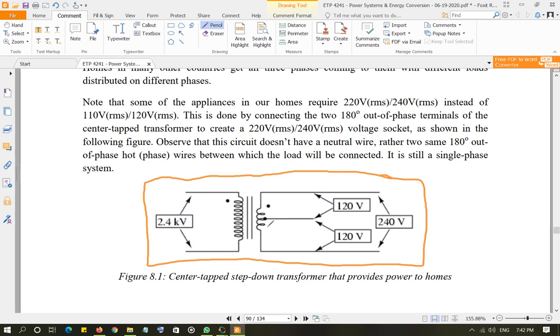Now on the secondary side, you have the winding divided into two parts exactly in the center, and that's why it's called center tapped. Again, in the next chapter we will study how a transformer works, but basically it works based on Faraday's law of electromagnetic induction.